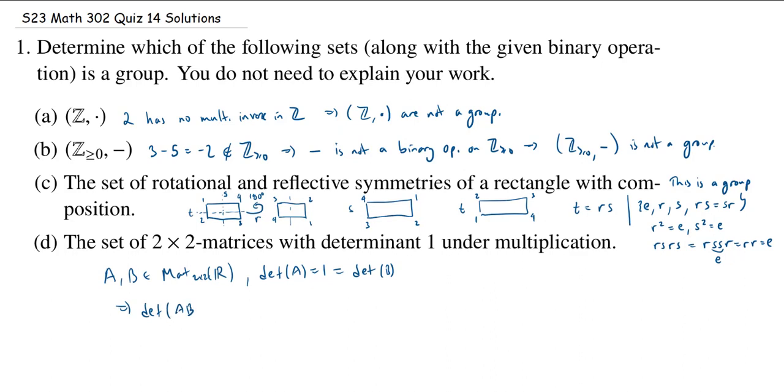Why the product? Well, because we said under multiplication. We know the determinant is a multiplicative map. So this is just equal to 1 times 1, which is 1. So again, AB is going to be a 2 by 2 matrix with determinant 1.